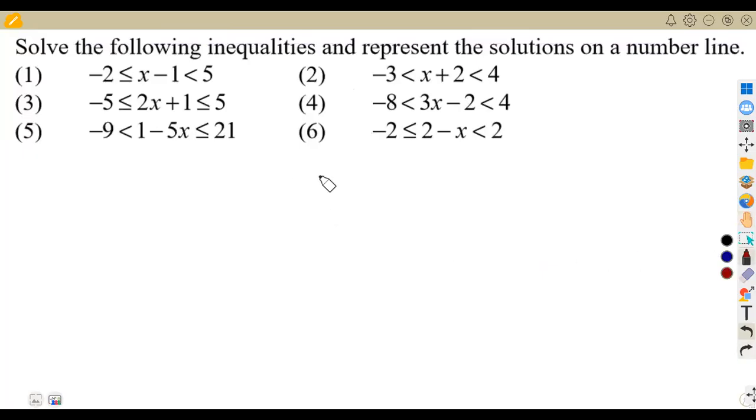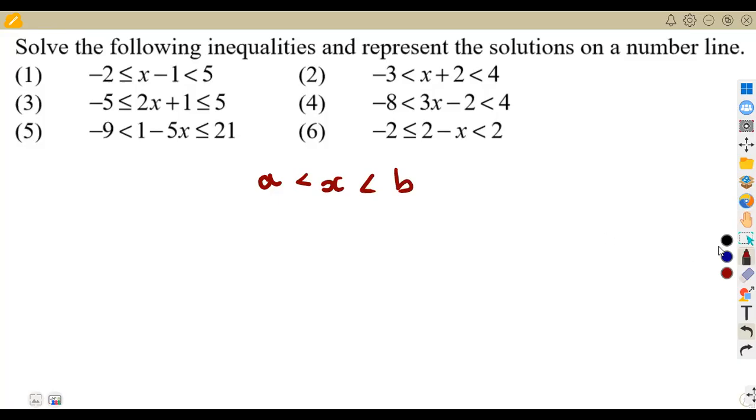Remember what I talked about? On these inequalities that we refer to as compound inequalities, it is best that you understand the solving of the linear ones, which we have been talking about, and also understand that your final answers should always be in the format x is greater than a and x is less than b.